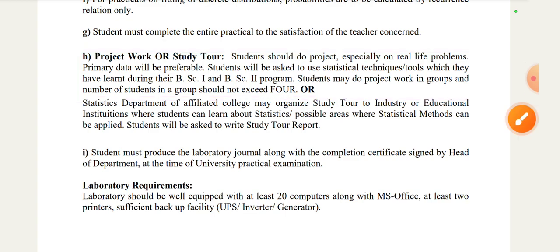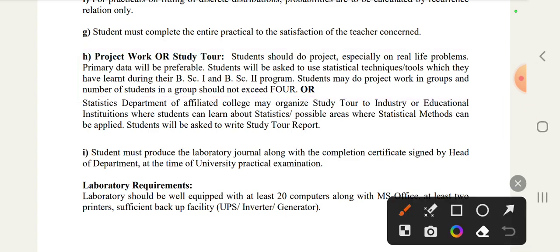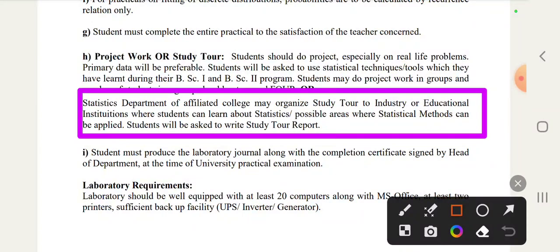There is one more consideration for you. Either you can do project work or you can do a study tour. What is mentioned in the study tour?